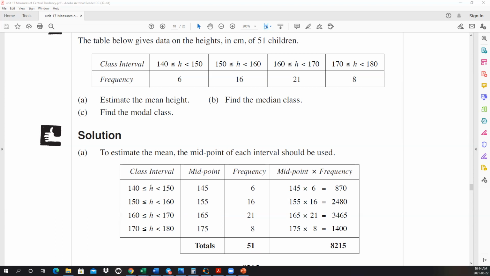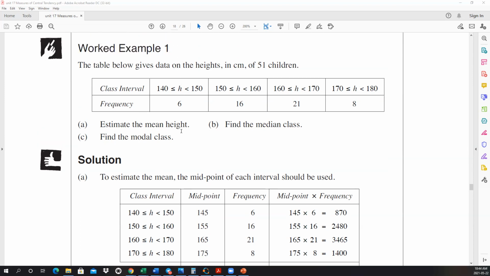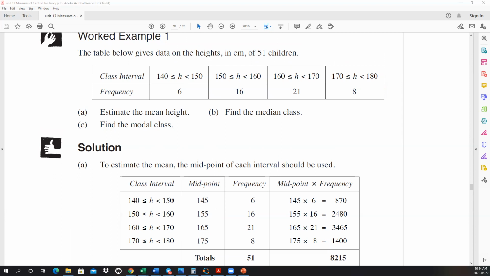Another thing I want you to notice very carefully is that this is 140 inclusive of 140 because it has the less than or equal to sign. And then the height goes all the way up to just before 150, right? So it could be 149.999, whatever. So just anything less than 150, not including 150, right?